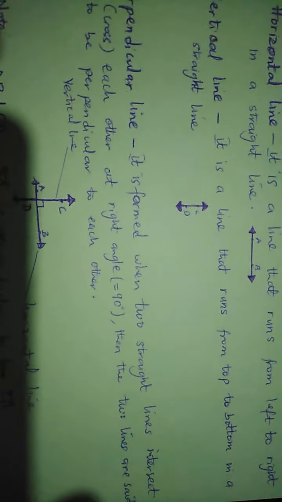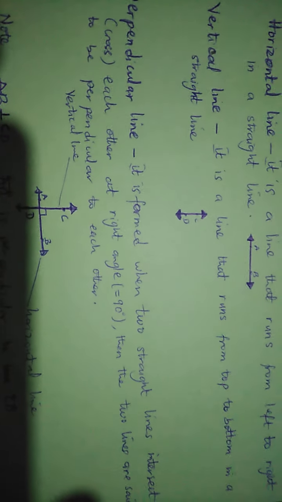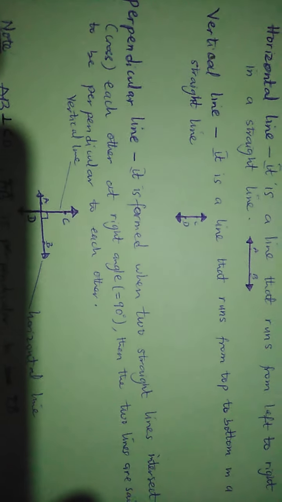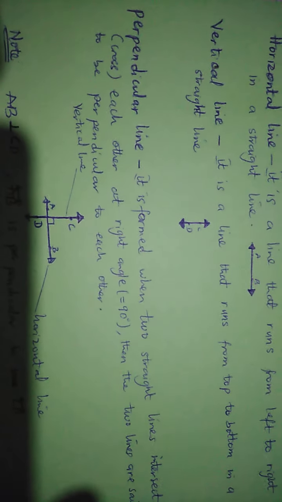When you say perpendicular lines, they are formed when two lines meet at what? At an angle of 90 degrees. Usually it's formed by vertical and horizontal lines, as it can be seen. This one is your horizontal line, left to right. Your vertical line, look at the V. It shows what? Upwards.